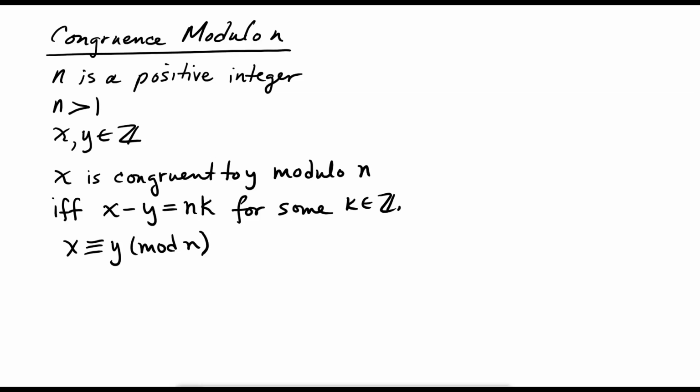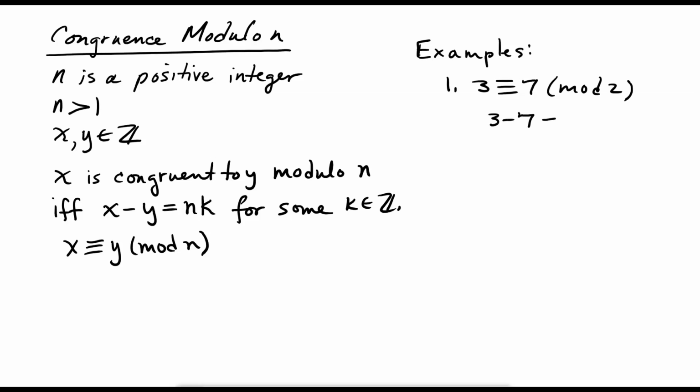So for example, I can say 3 is congruent to 7 modulo 2, and that's because I know that 3 minus 7, which is equal to -4, is a multiple of 2. Right? We know that that's equal to 2 times -2.